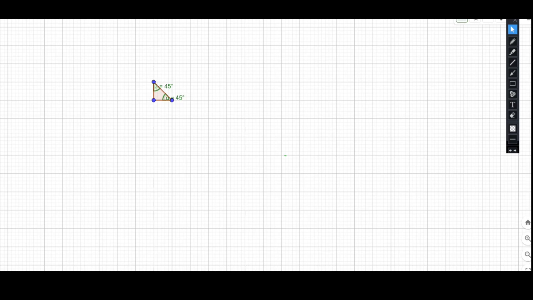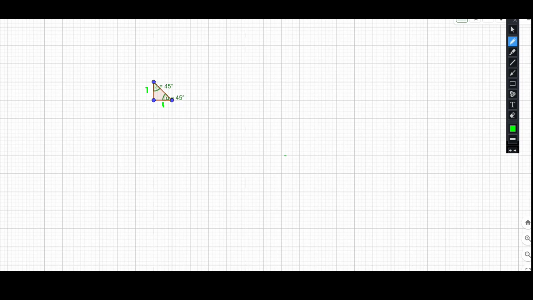What about the length of the perpendicular sides? Here you can see one perpendicular side is 1 centimeter, and the other side is also equal to 1 centimeter. This is a right triangle, so we can use the Pythagoras Theorem.